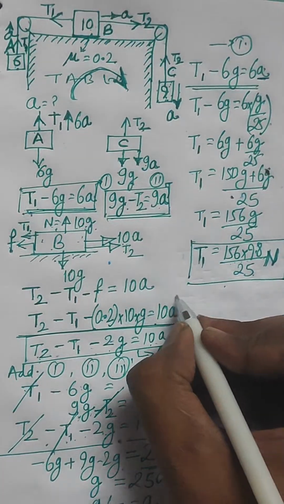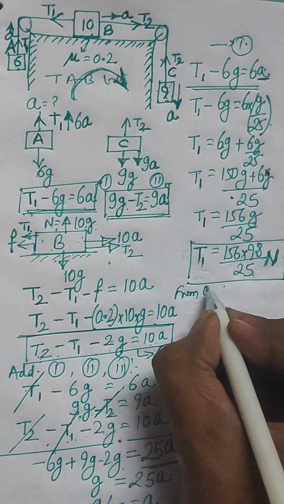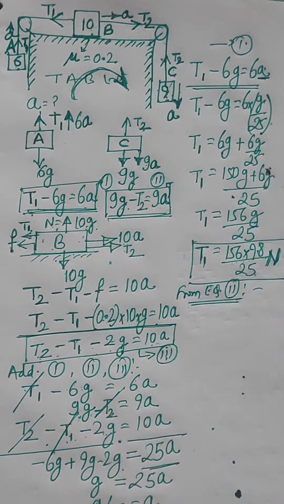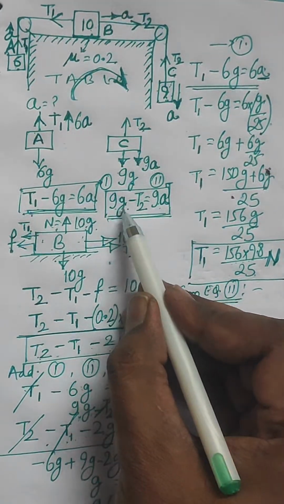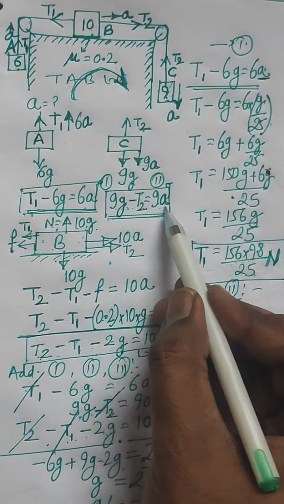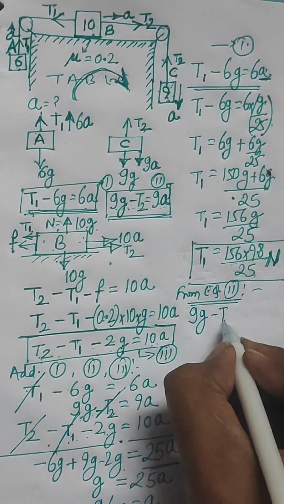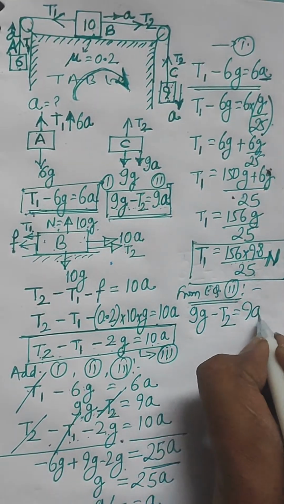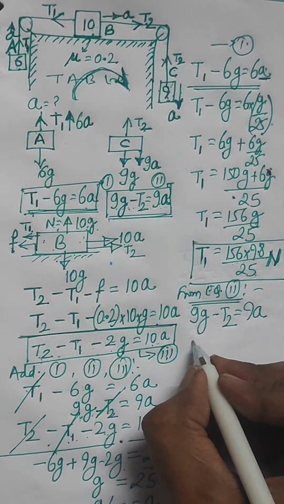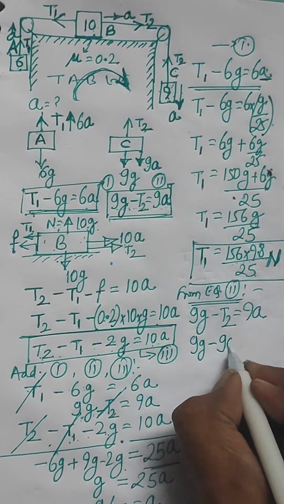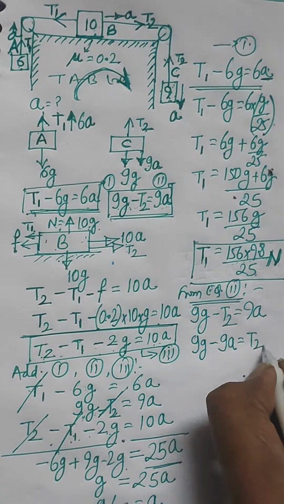And from equation number 2, what do we get? From equation number 2, we have 9G minus T2 equal to 9A, right? So this will give you 9G minus 9A is equal to T2, right?